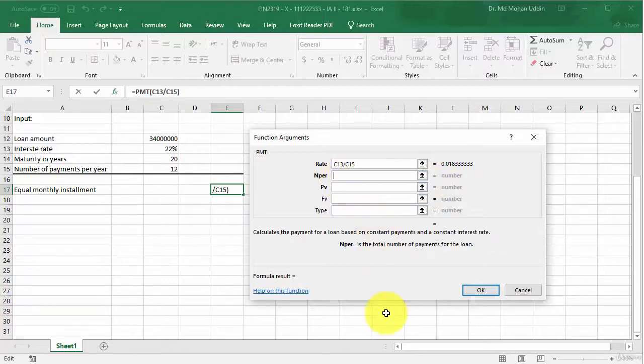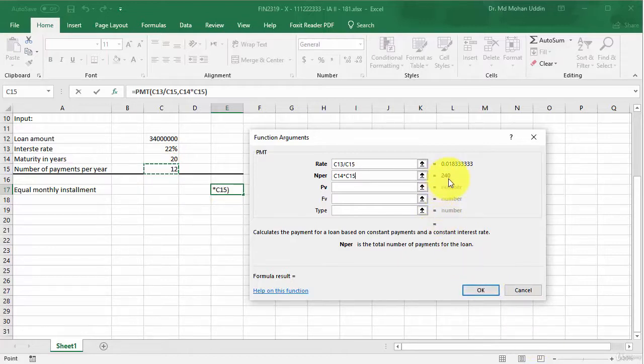Now the next one is NPER. What is that? NPER is the total number of payments for the loan. So we can clearly see that we have 20 years and every year we will make 12 payments. Therefore the number of payments will be number of years times the number of payments in 1 year. So it should be the cell where we have number of years times the number of payments in a year.